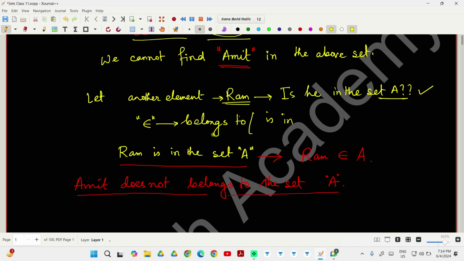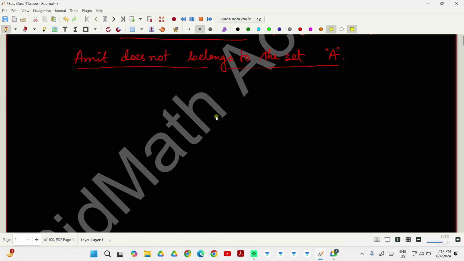We will express it like this: Amit does not belong to set A. This symbol means does not belong to. That means Amit is not in set A, right?